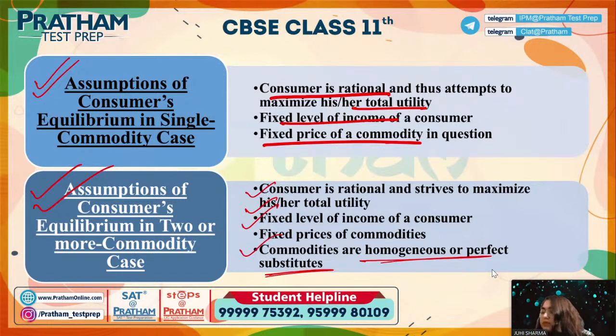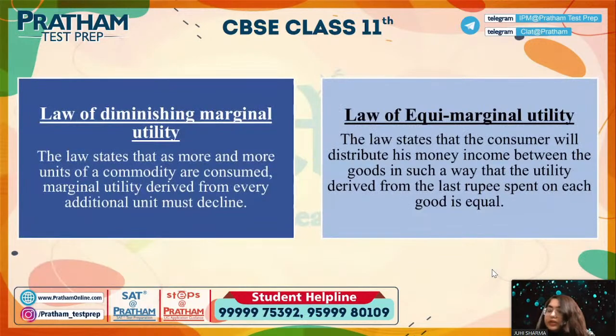Okay. Now, moving further to the law of diminishing marginal utility and the law of equi-marginal utility. So whenever we study consumer's equilibrium, whenever we study utility, we have two laws. You must have heard of these two laws in your textbooks, in your microeconomics book.